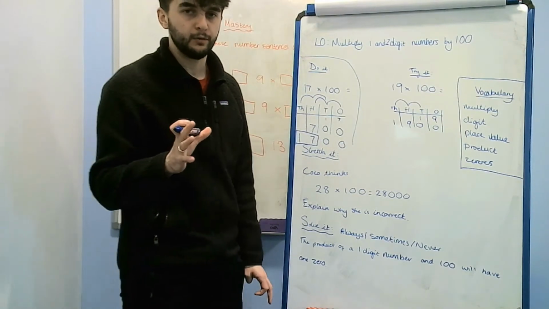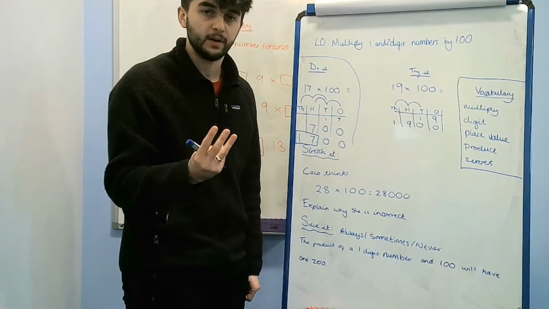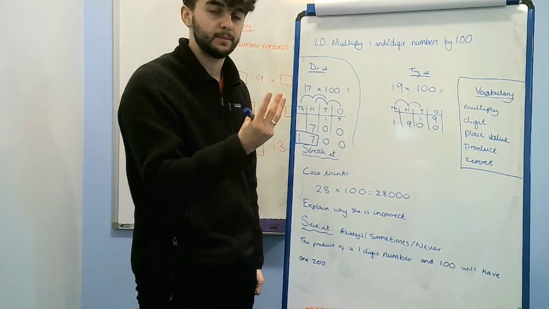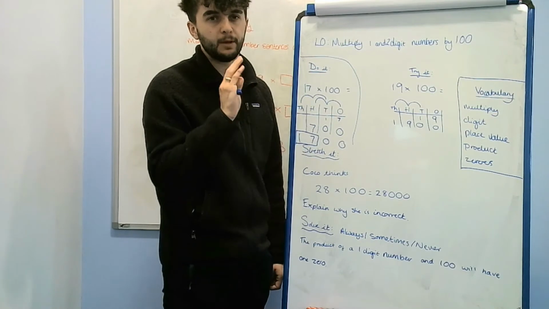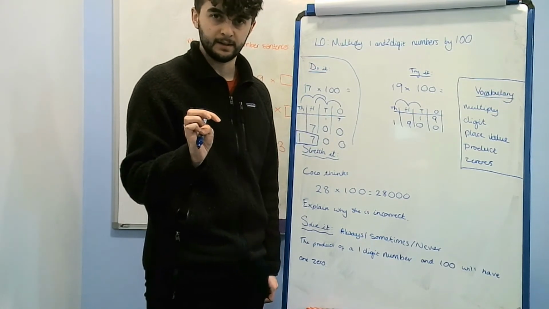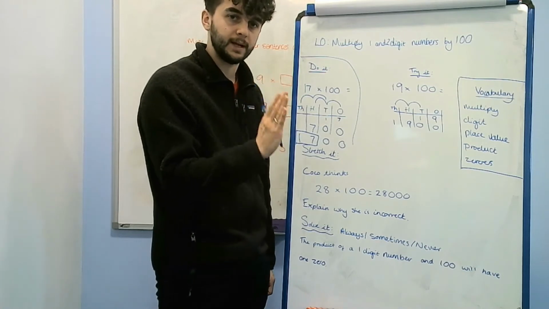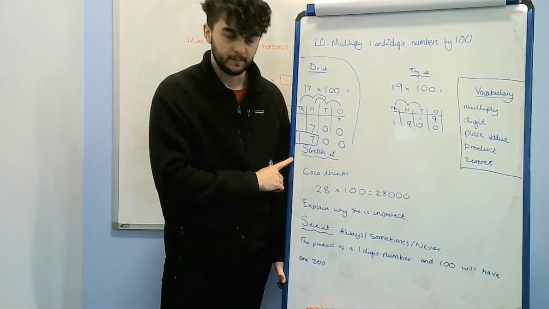Which is nice and simple for you, because if you were to now do this 1,000 times bigger, 3 zeros, means you need to move 3 steps to the left, okay? So nice and simple today's lesson, but you must follow the steps very carefully. It's not about just putting zeros on the end, it's about moving across the place value chart as things get bigger.